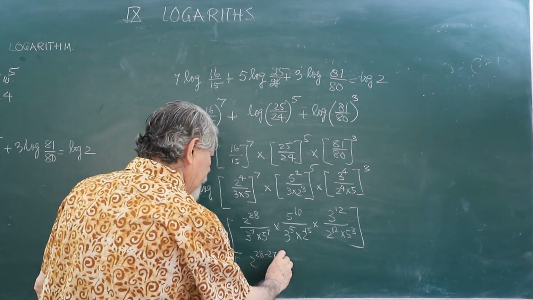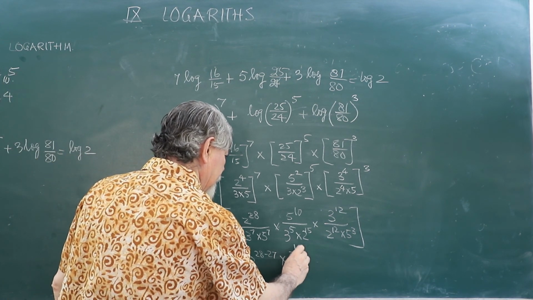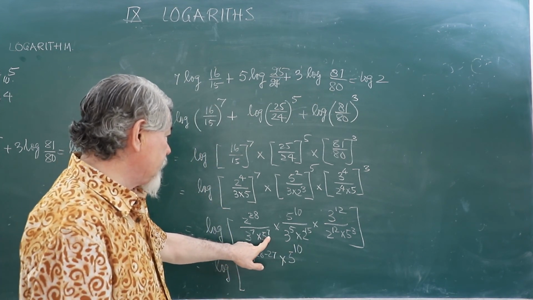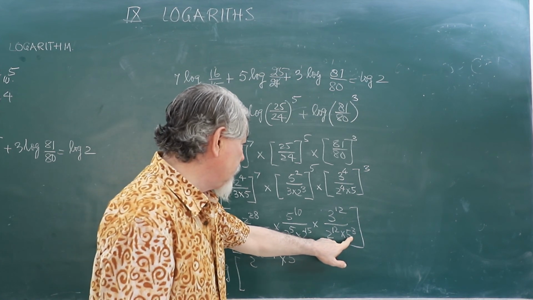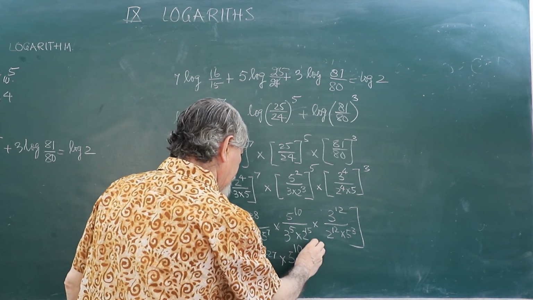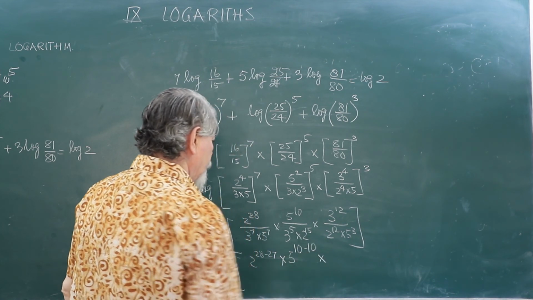Then it is 5 to the power 10. Let us see in the denominator what are the powers of 5. 5 has got power 7 and 5 has got power 3. 7 plus 3, 10, so 10 goes here, minus 10.